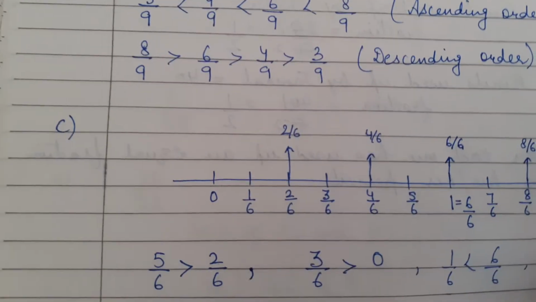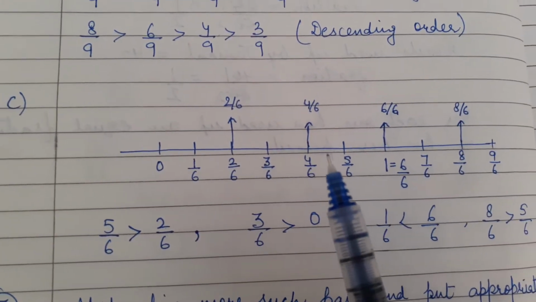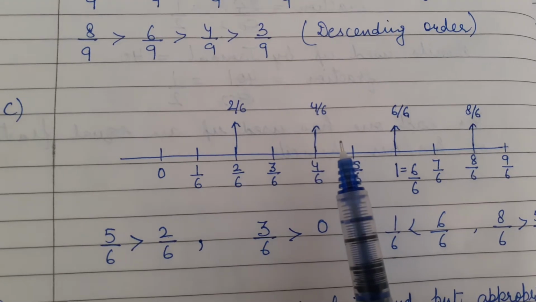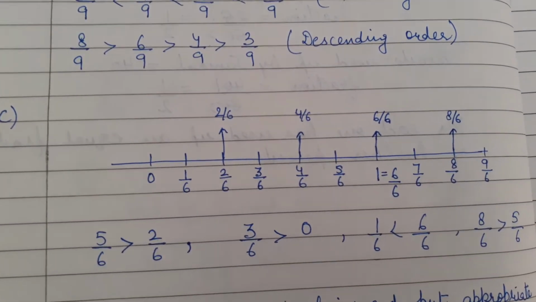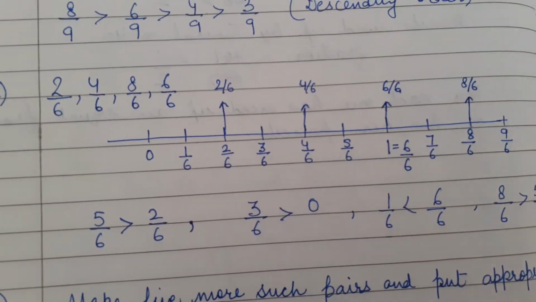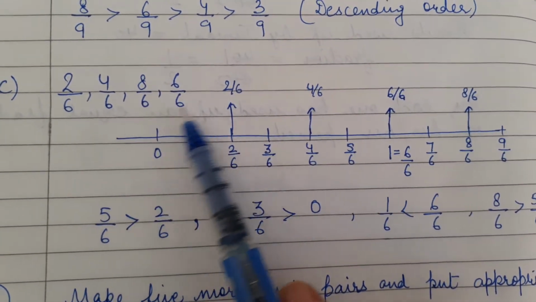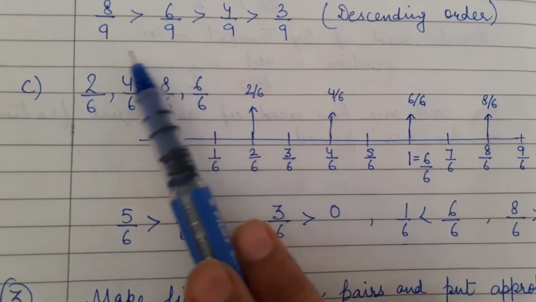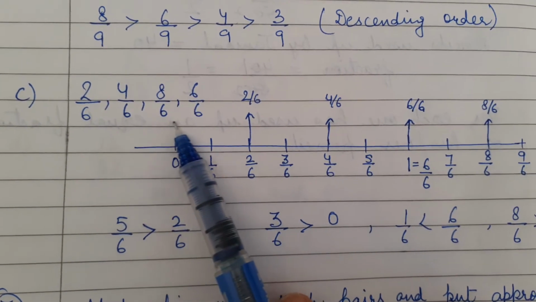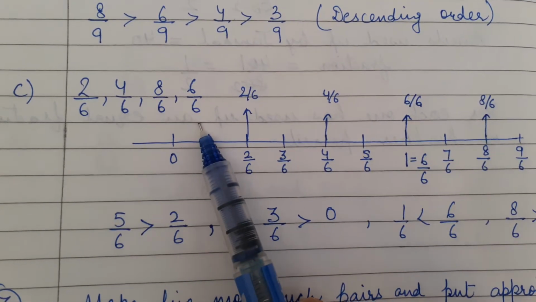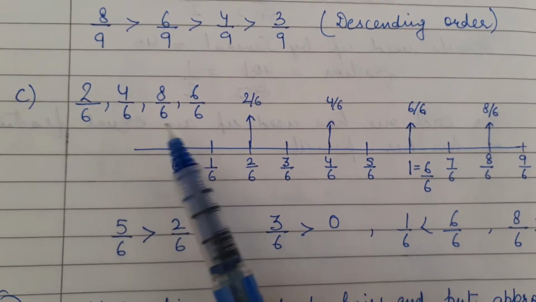Now part C, we have to show the fractions 2 by 6, 4 by 6, 8 by 6 and 6 by 6 on the number line. So we'll draw a number line first. First you have to check whether the fractions are like or not. As we can see, the denominator of all the fractions is the same, that is 6.